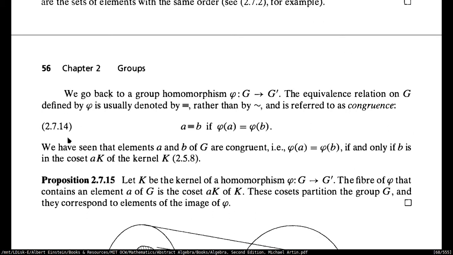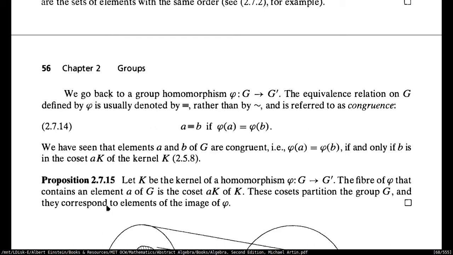Yeah, and we've seen this in the section on kernels, that the elements a and b of G are congruent, that is, their images are the same, if and only if b is in the coset aK of the kernel K, right? Yeah, that was one of the propositions that we proved.